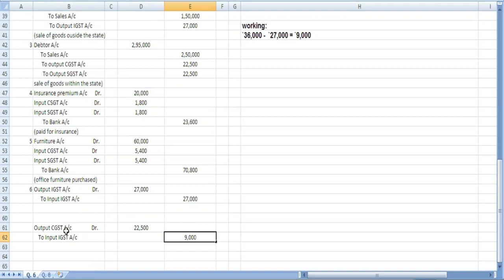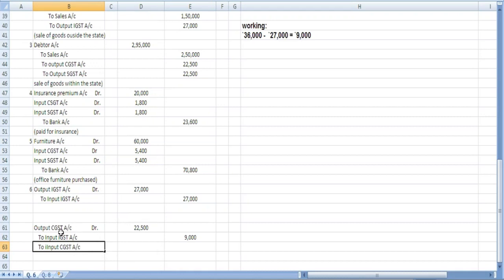With output CGST we will adjust the input CGST account.